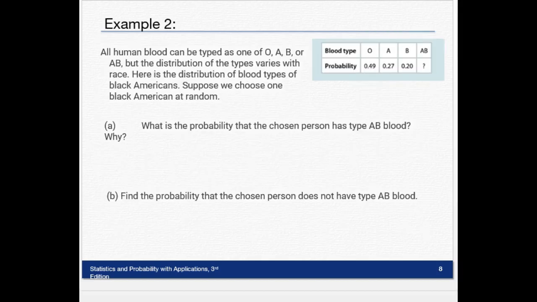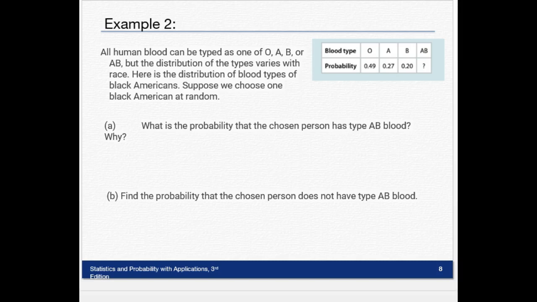Okay. Number 2, all human blood can be typed as one of O, A, B, or AB, but the distribution of the types varies with race. Here's the distribution of blood types of Black Americans. Suppose we choose one Black American at random. All right? What is the probability that a chosen person has type AB blood?